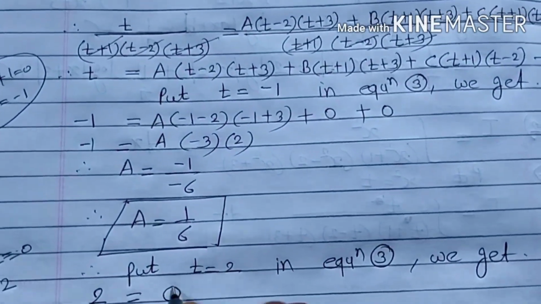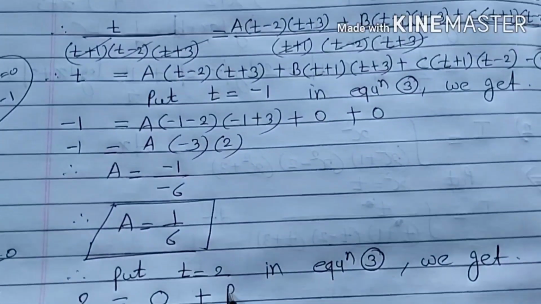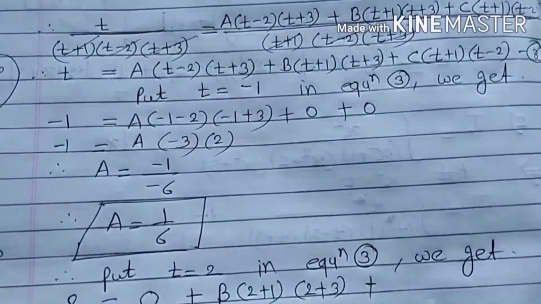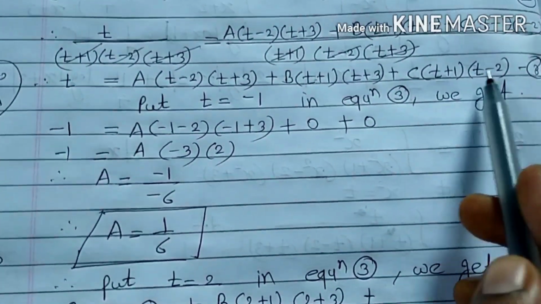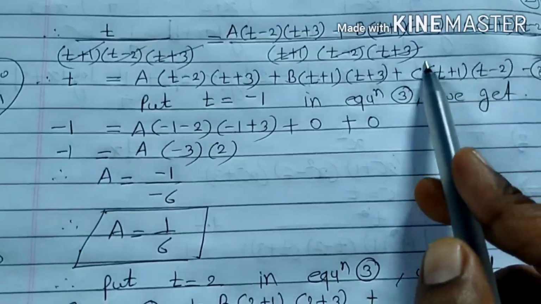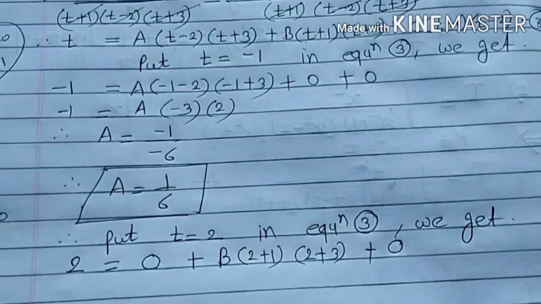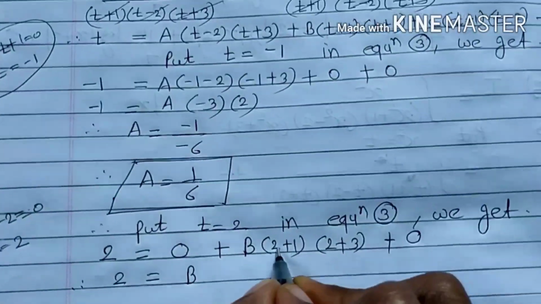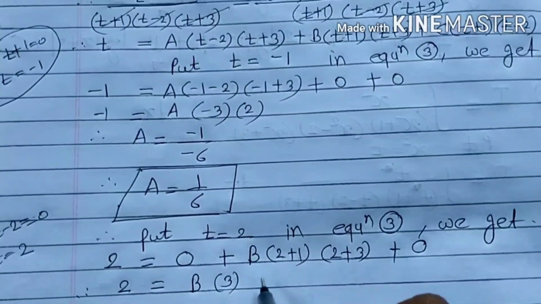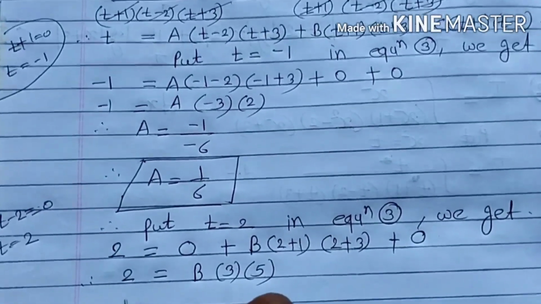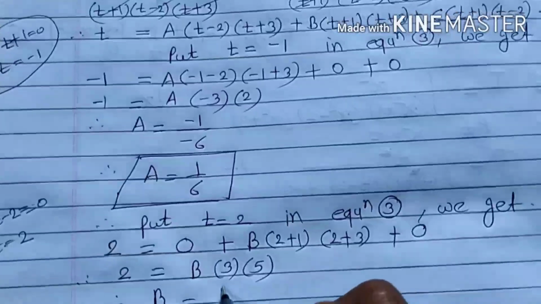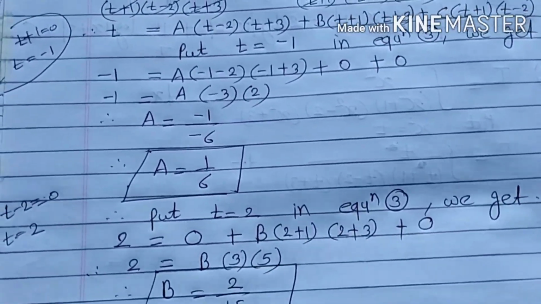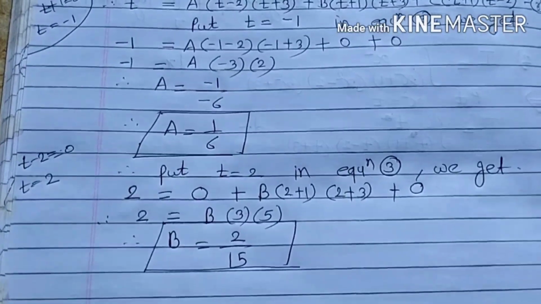Plus b into (2 plus 1)(2 plus 3), plus c into (2 plus 1)(2 minus 2), and if you put 2 here, 2 minus 2 will become 0, so this whole term becomes 0. Therefore 2 is equal to b into 3 into 5, so it is 15. Therefore b is equal to 2 upon 15. This is the value of b.